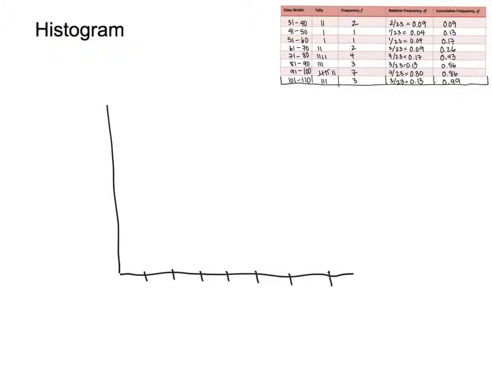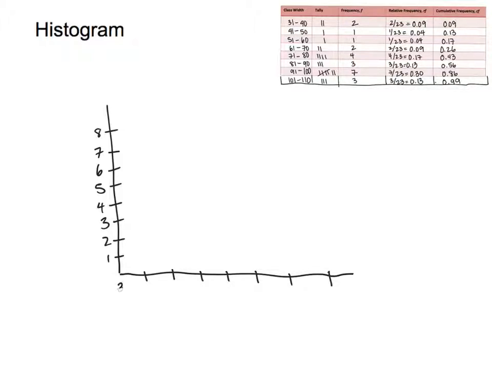I also noticed that the highest frequency is 7, where the lowest is 1. So maybe I will put some dash marks here and go all the way up to maybe 8. I think that's good. When I'm making my histogram, make sure you label your intervals.